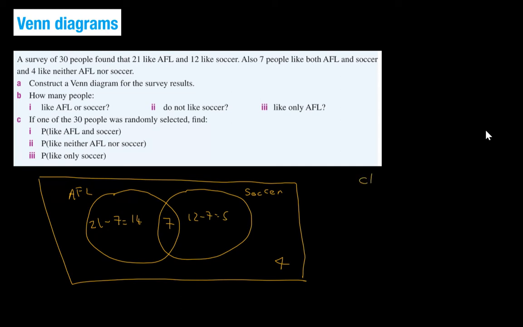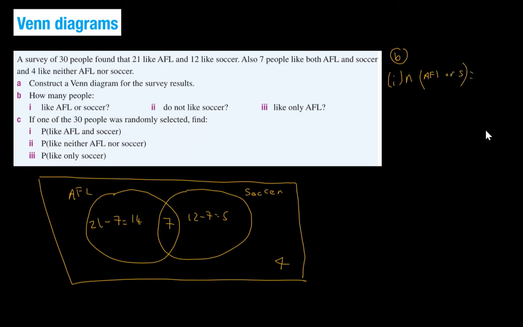Now we always do a check and add up the original amounts to see if we get 30. Okay, so we got 17, 21, 25, 30. Now, let's have a go at doing B. So we need the number of people who like AFL or soccer.